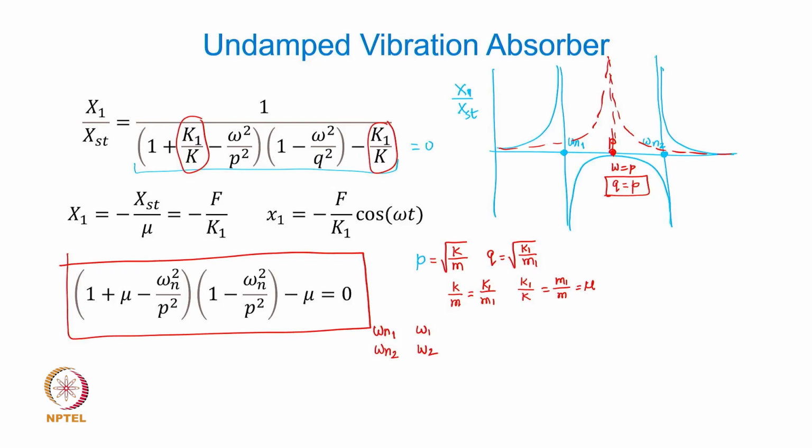Okay, and we will be using this equation in the design of this vibration absorber. Design in the sense, this is already designed, right? The moment you match these two natural frequencies, the design is over, except for small issues which we will discuss. Is this clear now?